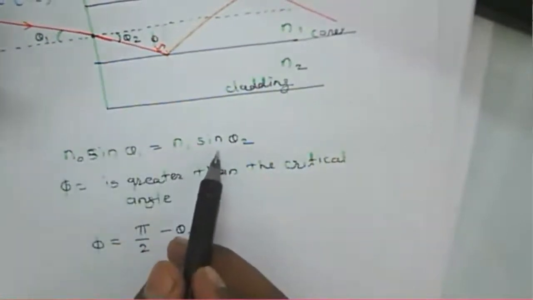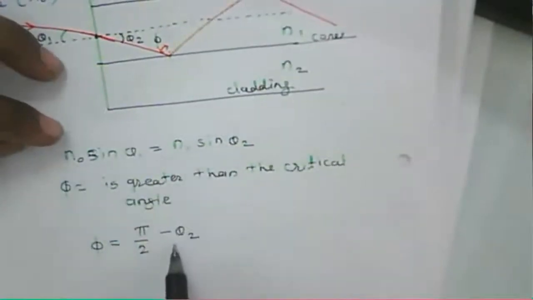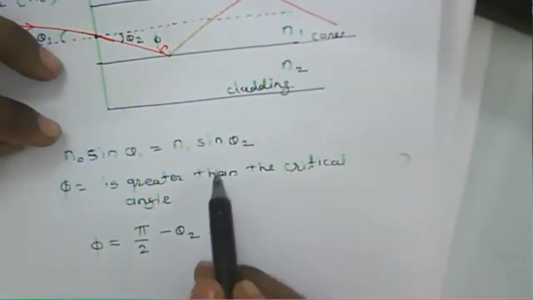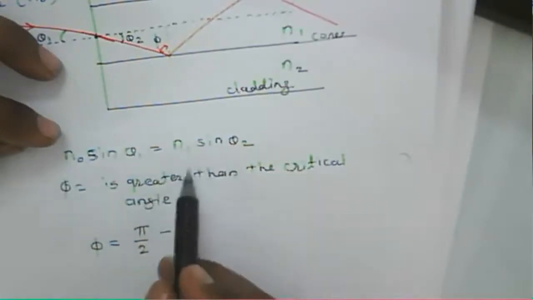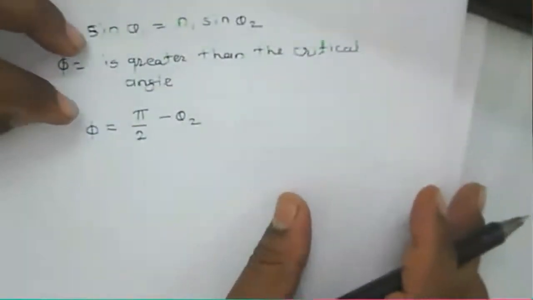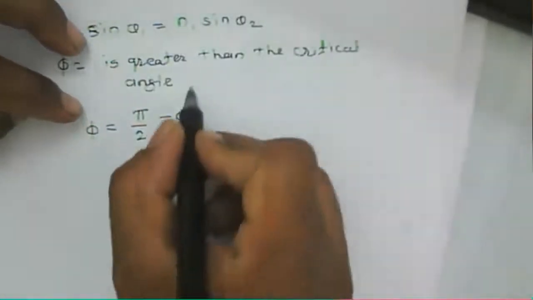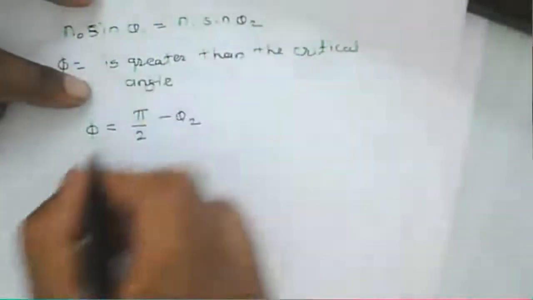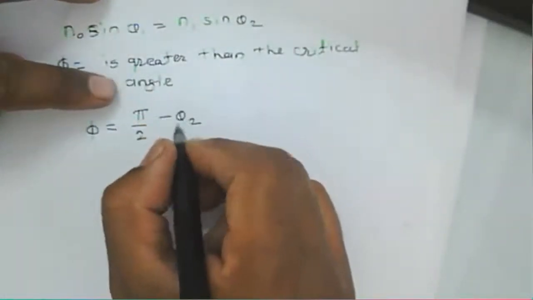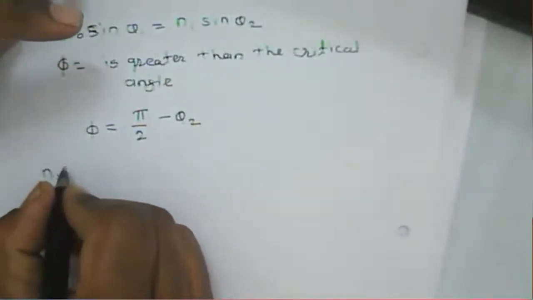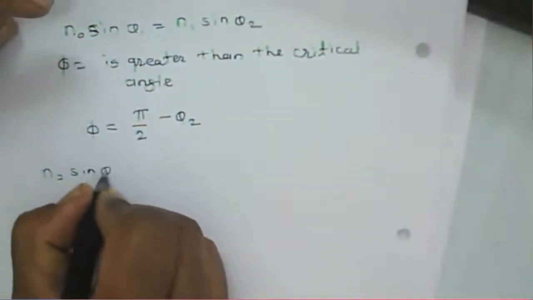We have n0 sine theta 1 is equal to n1 sine theta 2. Instead, we write the equation in terms of phi rather than theta 2. Theta 2 is equal to pi by 2 minus phi.